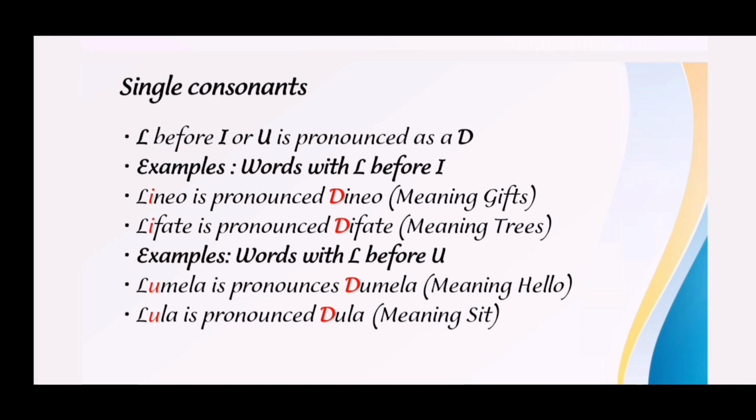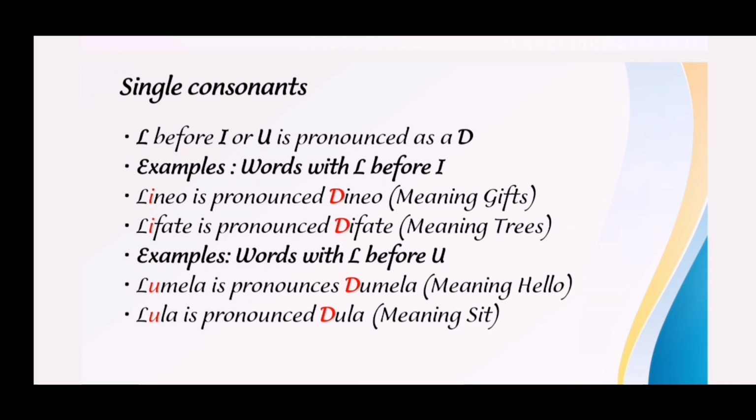So we have a word, when you look at it, it is Lumela, and that is not how it is pronounced. It is pronounced Dumela. And the reason for that is that the letter L is followed by the letter U. So L automatically changes to a D. Dumela meaning hello.